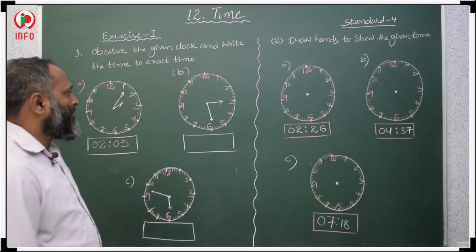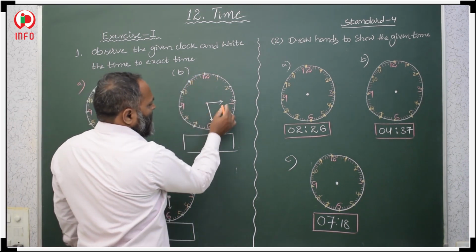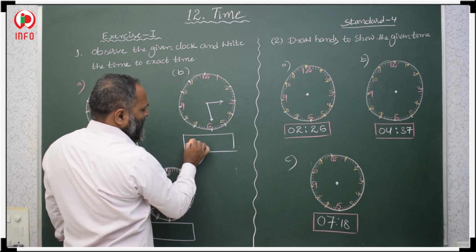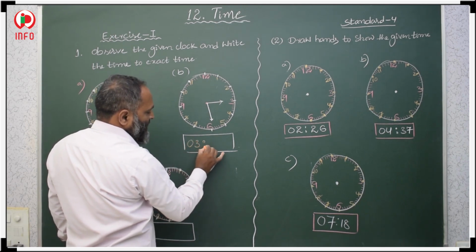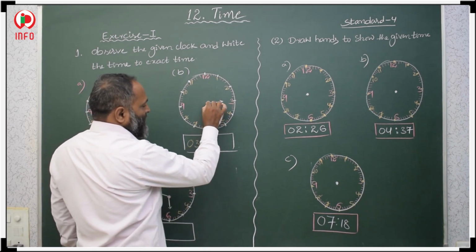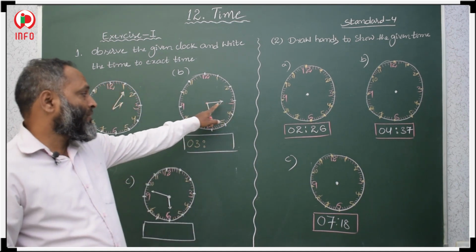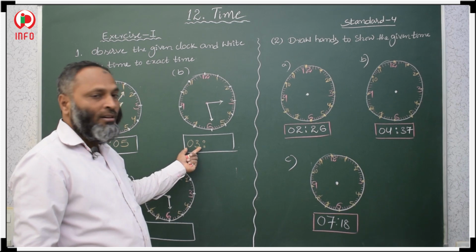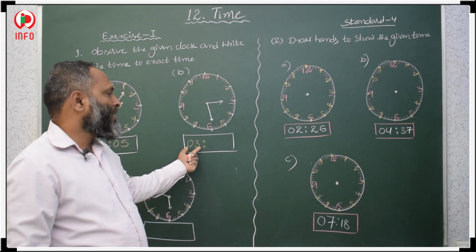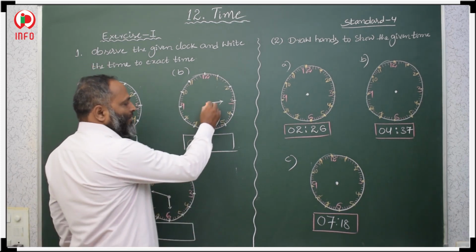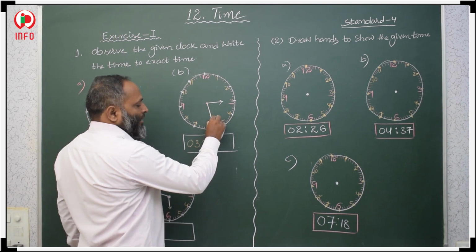In the second clock, the hours hand is at 3, which means 3 o'clock. Then where is the minute hand? This longer hand is the minute hand. It is after 5.